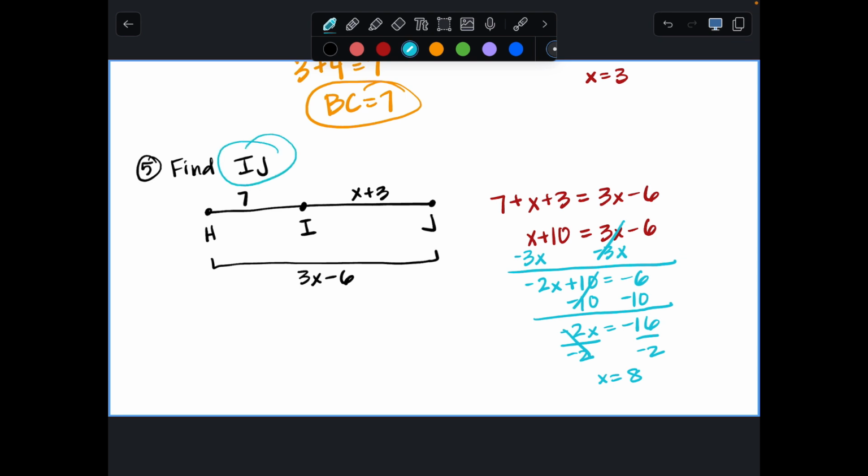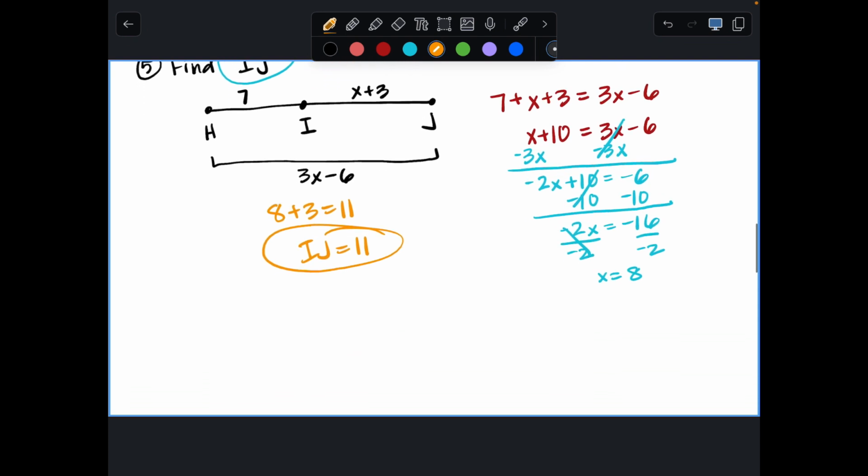It says find IJ. So what is IJ? 11, because I just take 8 plus 3, and that gives me 11. Okay, that's your level 3 type of problem.